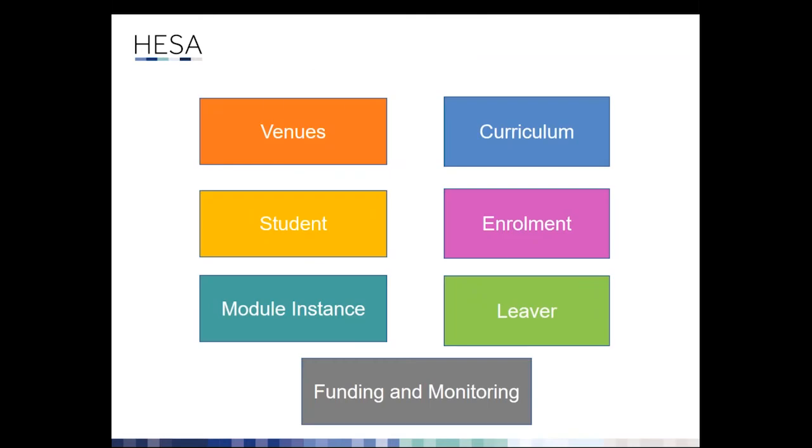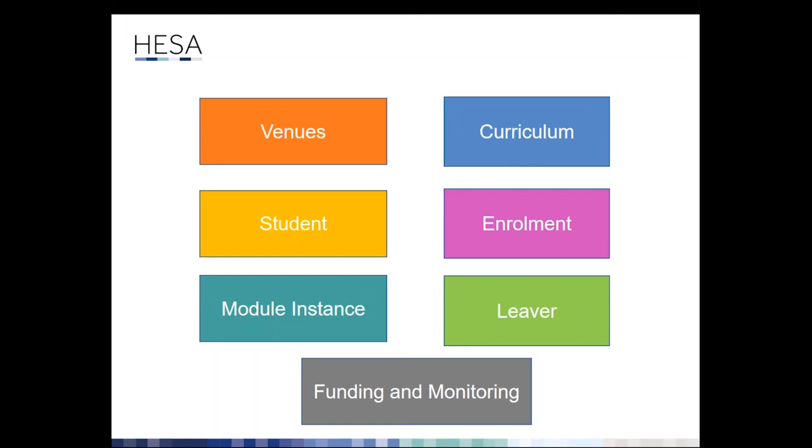We're going to split this out into various sections that are related to your business event. So firstly, we've got your venues, and we have curriculum data. So that includes courses, modules, and qualifications. And we've got your student data. So that's details about the characteristics of your students and also around their registration.